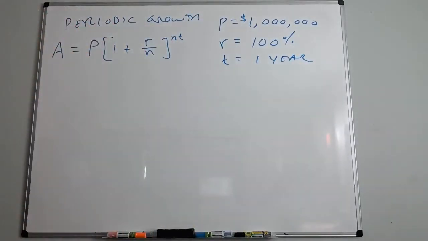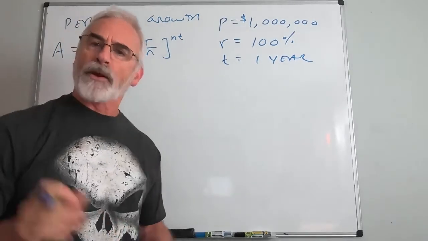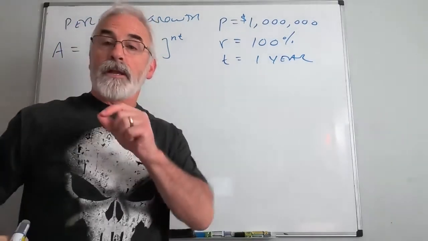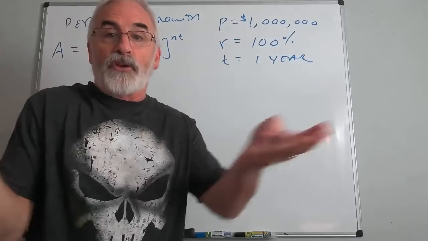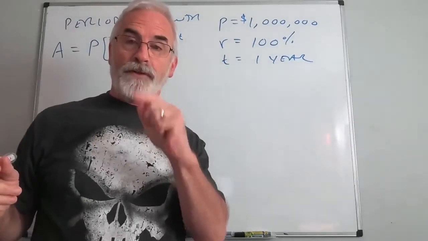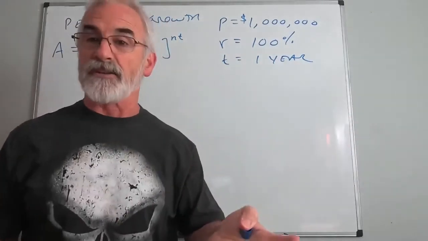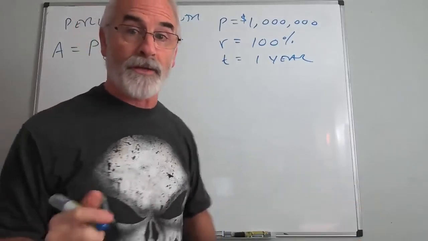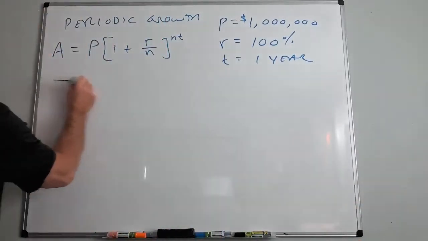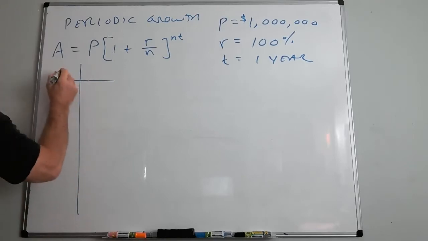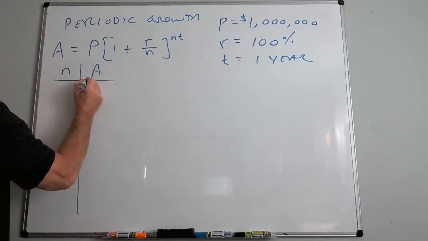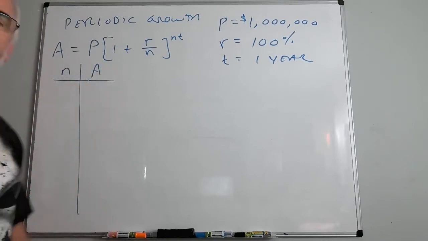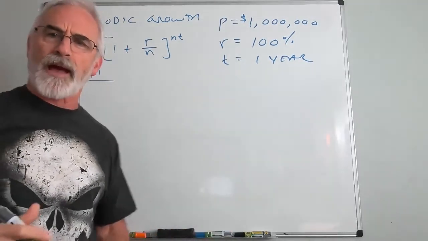So with that, then the only question is, how many times per year are we going to compound the loan? If I just collect at the end of the year, that means there's just one, or I could do it every 6 months. I could do it every 10 minutes, whatever we want. So we're going to make a little table here, and we're going to have N and A. Let's try different values for N just to see what's happening here.